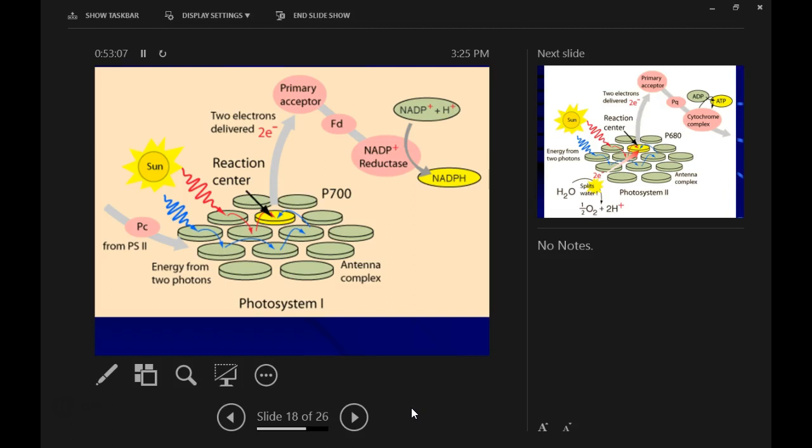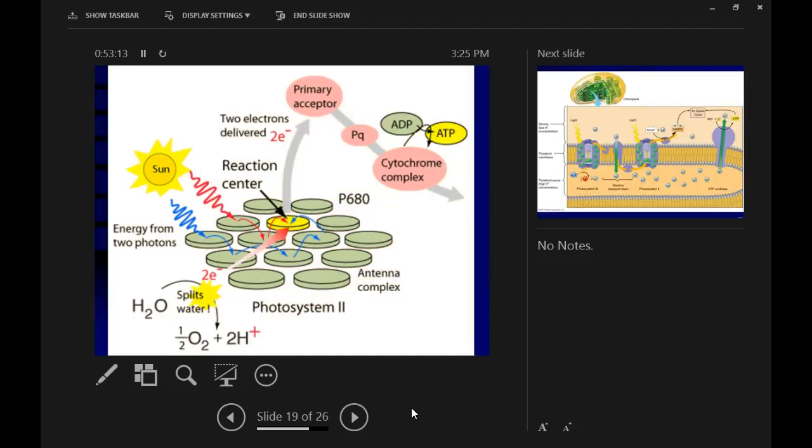So, let's take a look at photosystem II. And you'll look at it and you go, oh, that looks just like photosystem I. It's got the same little system here. We got a primary electron acceptor, all that good stuff. So, let's see how this one works. Very similar to what we saw with a typical photosystem.